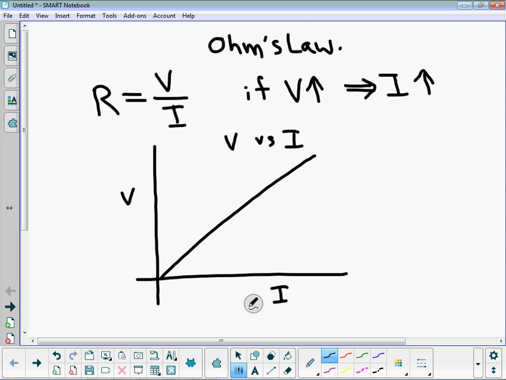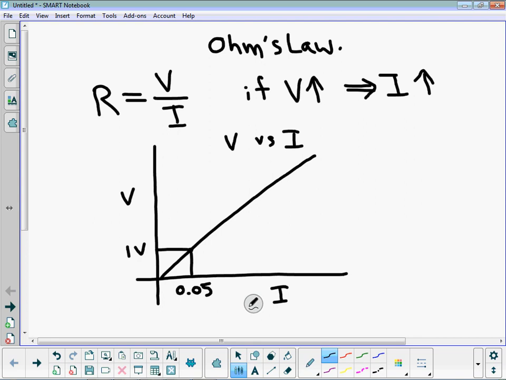So it means that if I started down here, now I got to take a look at some numbers. Let's say I started down here at a current of 0.05 amps. And that was caused by a voltage of 1 volt.